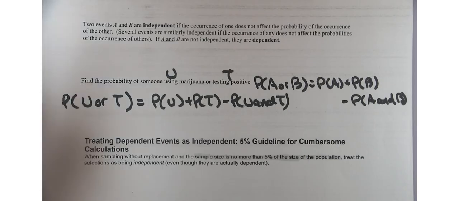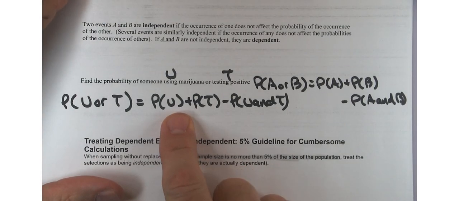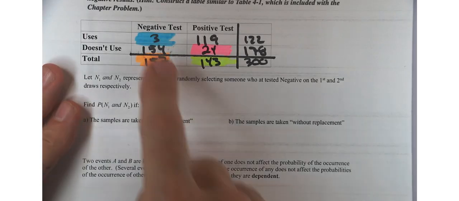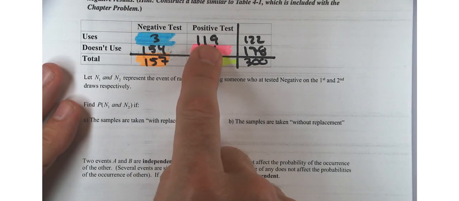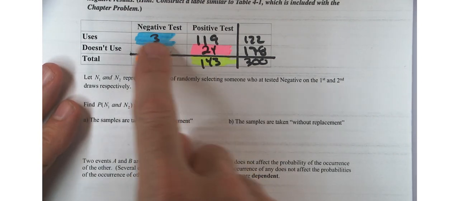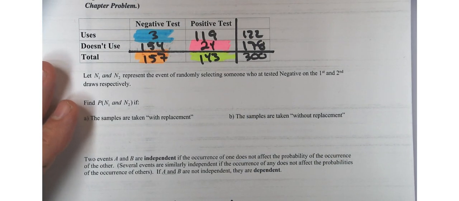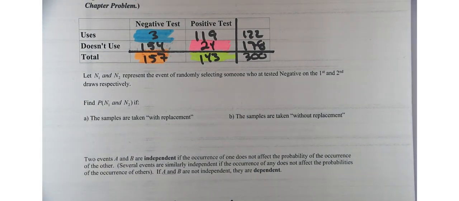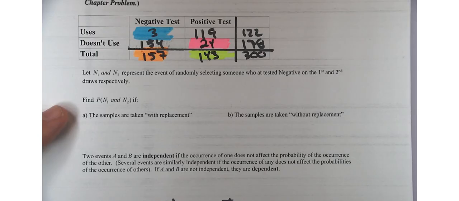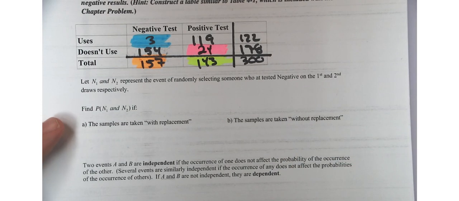All right, so let's take a look at the probability of someone being a user. Now, we're not just worried about the users that test positive or the users that test negative. We want the probability that we pick somebody who, in this group, was a user. So what would that probability be? Well, how many people are in this table altogether? 300.